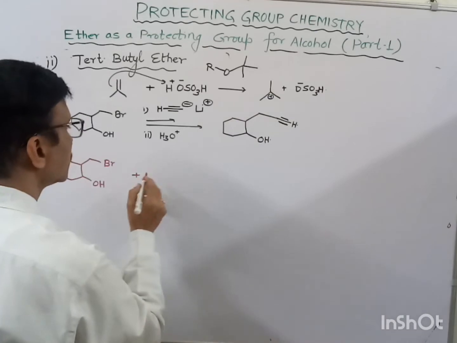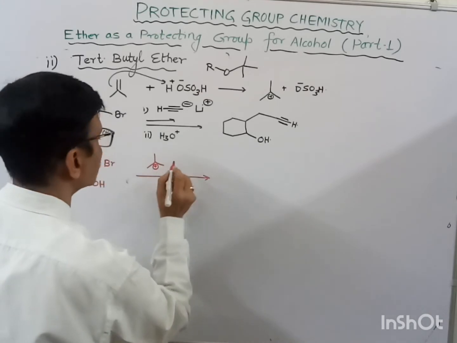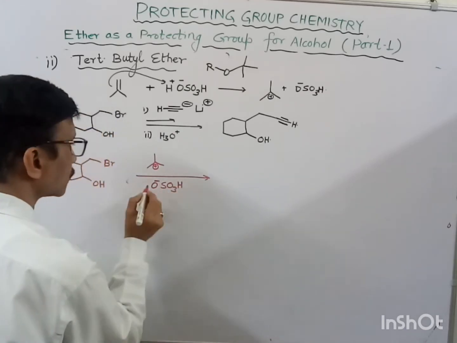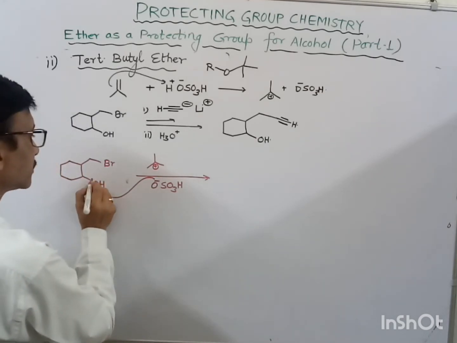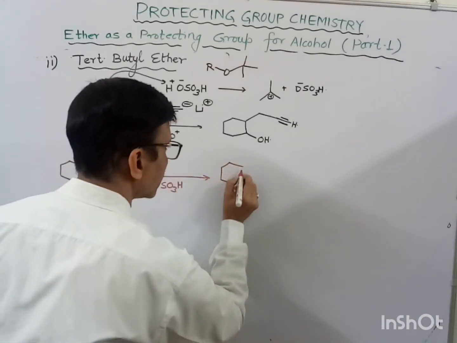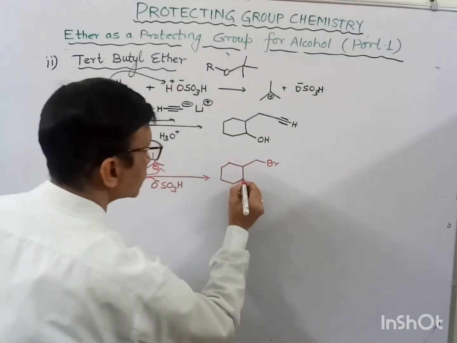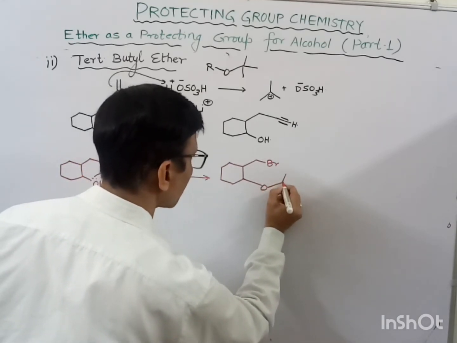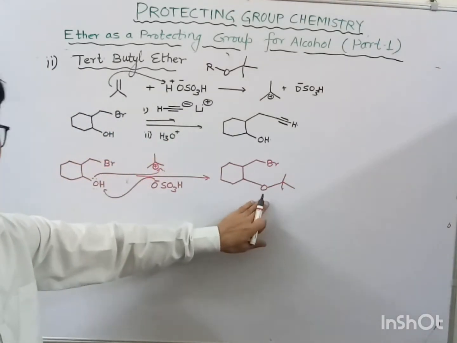Okay, so if we have this, it may act as a base and remove this acidic hydrogen, and this will attack over here, and we may get bromine over here, and we will get the tertiary butyl. So this OH is converted into tertiary butyl ether.